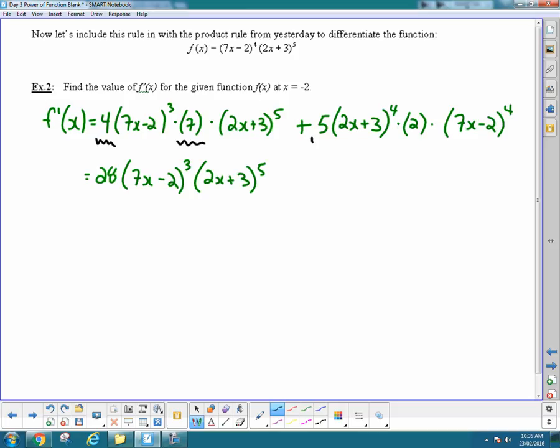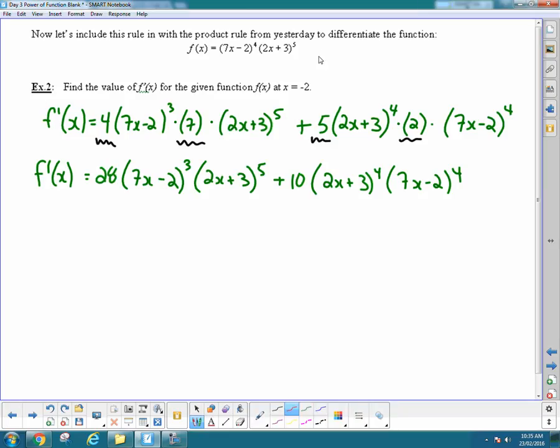On the second half, I do have a 5 and a times 2, so that can be at least simplified to 10, and this one has an exponent I can't simplify, and the other one does too. So we've made our life a little bit easier, and this is what we would write if I asked for just the derivative. So the derivative is just this, and we'd be done.